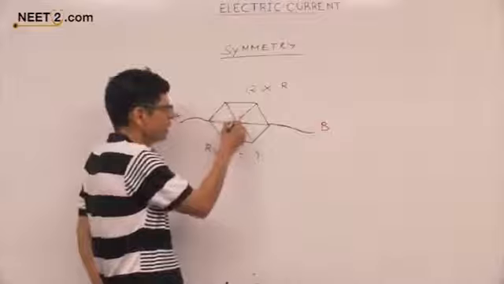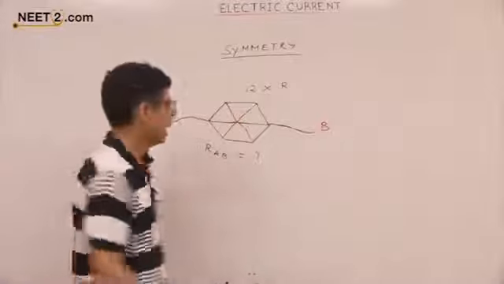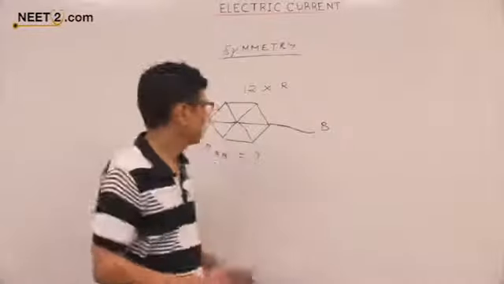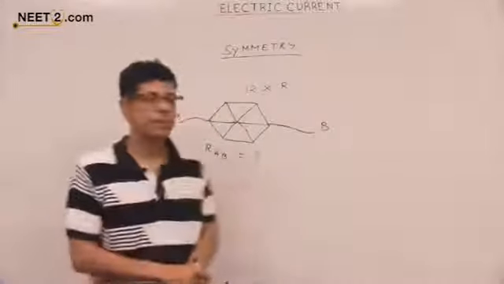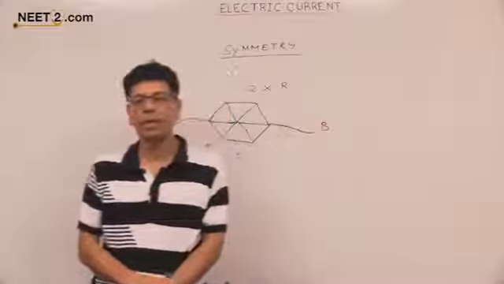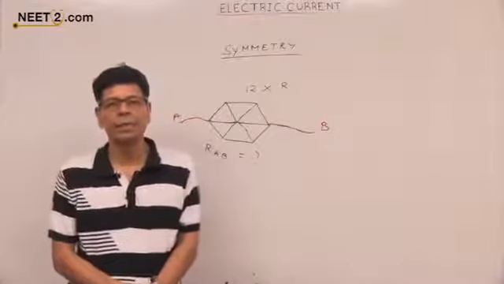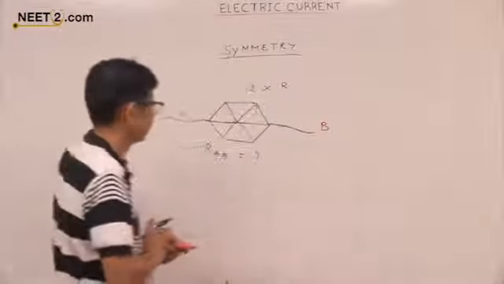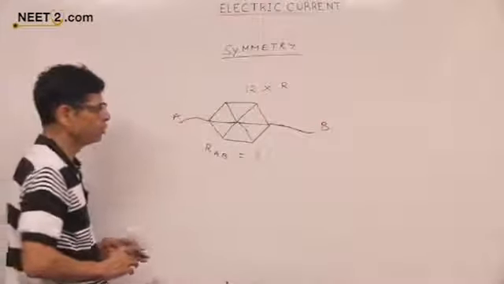So this point and this point, they are not equipotential, and so this wire and this wire are not in parallel. In fact, no 2 wires here are in parallel nor in series. All our parallel series scheme is blown. How do we handle this?